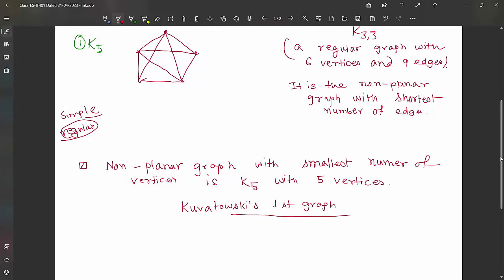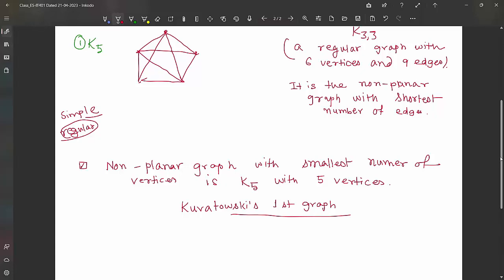And after that, you will see a theorem that if any graph contains any one of these Kuratowski's first graph or second graph, it is always a non-planar graph. If your graph contains this type of graph as a subgraph, then you can directly say that your graph is non-planar. So these two graphs are very important.